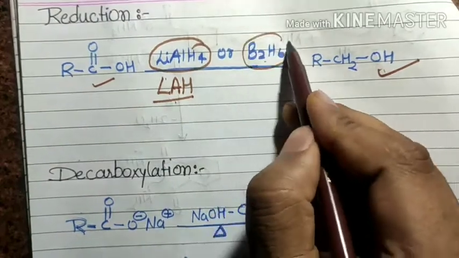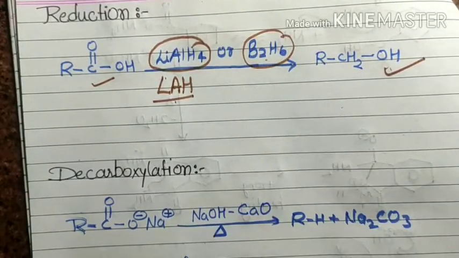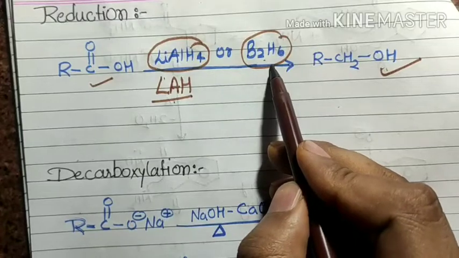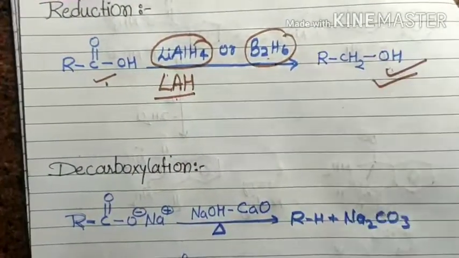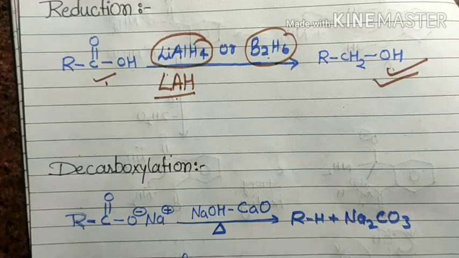And you know about B2H6 from the hydroboration oxidation reaction. So B2H6 also reduces the carboxylic acid into primary alcohol. So carboxylic acid gives the primary alcohol.